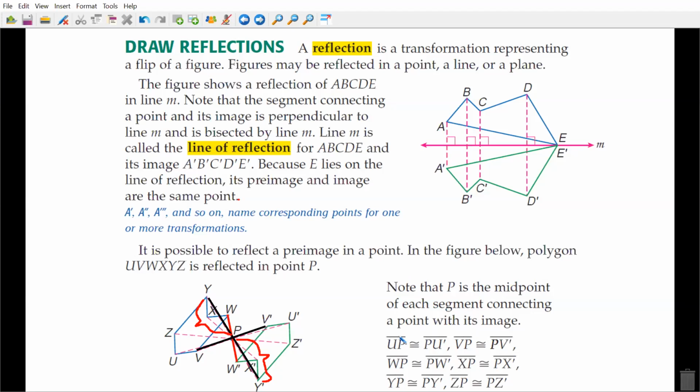Okay? So note that P is the midpoint of each segment connecting a point with its image. So you can see that the segment UP is congruent with segment PU prime. That's what it means, it's congruent. Let me erase all these lines so it can be much clearer for you.